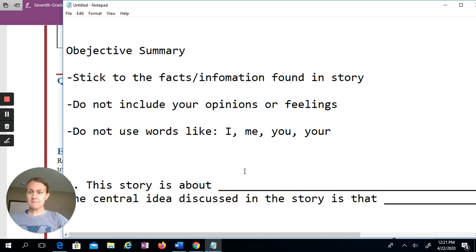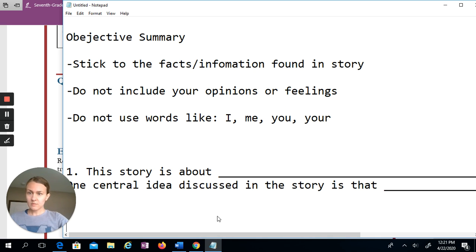because now this is going to go super fast, okay? So, when we're writing an objective summary, we want to stick to the facts and information found in the stories. You're not going to include your opinions or feelings, okay? I shouldn't hear words like I, me, you, your. So that means you're not saying I think or I feel, okay?